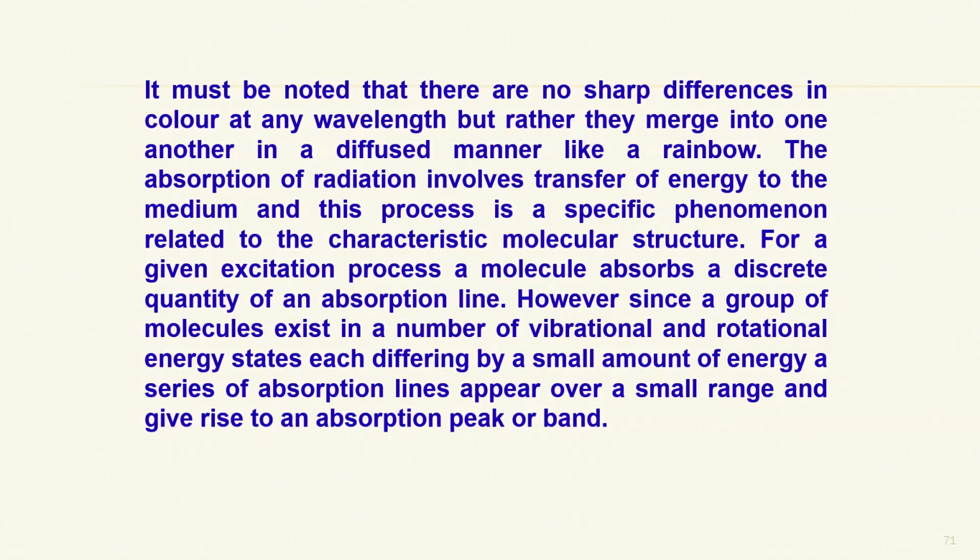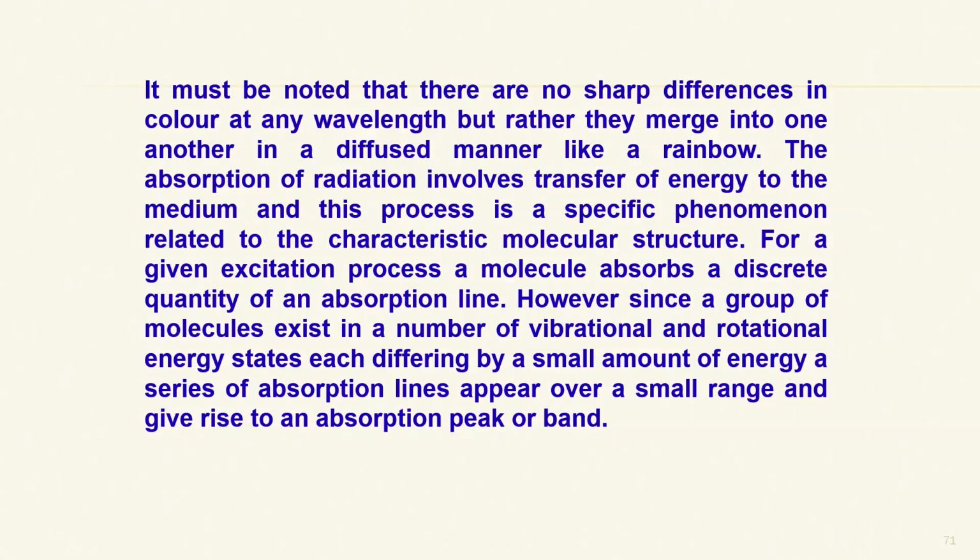So, the absorption of radiation involves transfer of energy to the medium, and this process is a specific phenomenon related to the characteristic molecular structure. All right. So, for a given excitation process, a molecule absorbs a discrete quantity of energy, an absorption line.